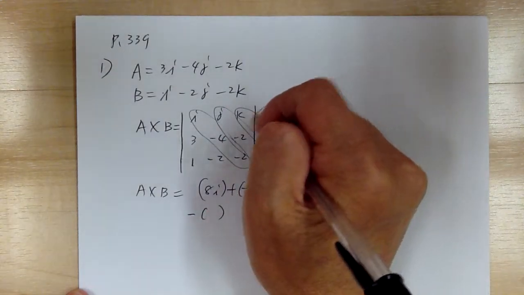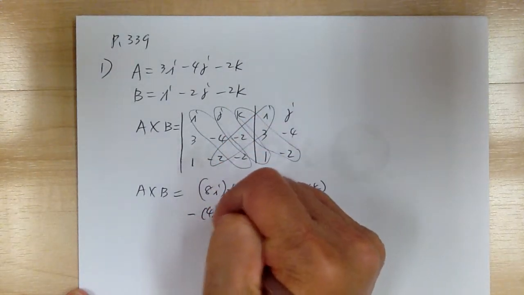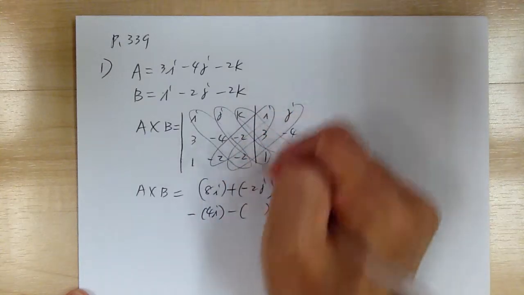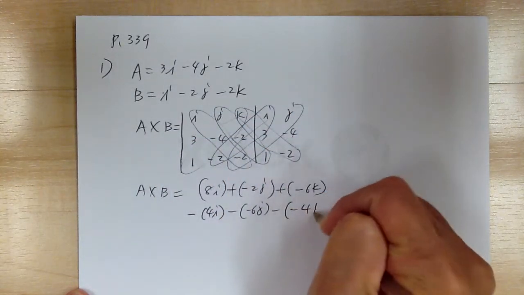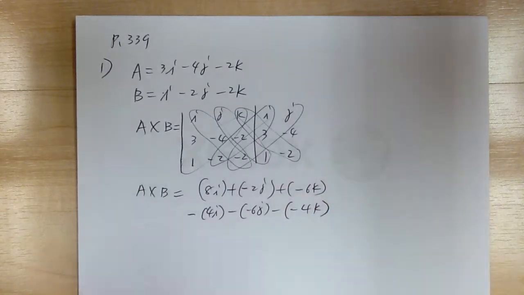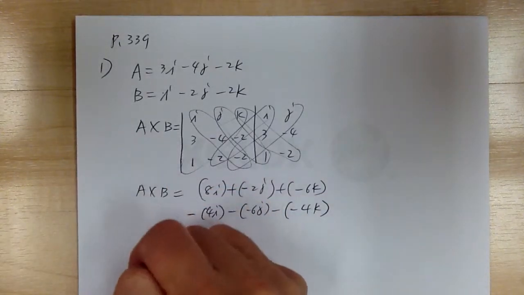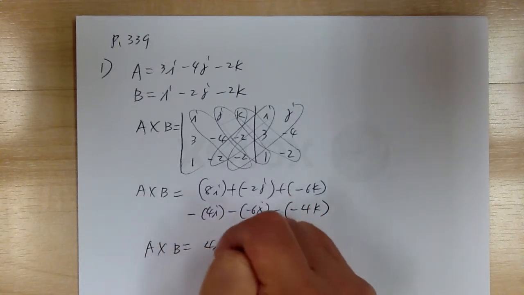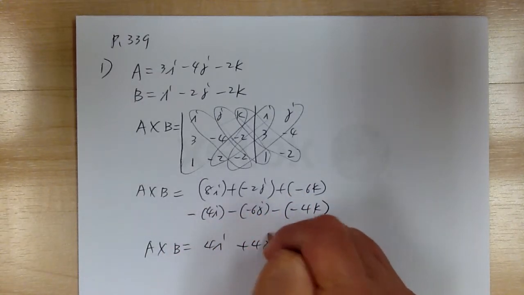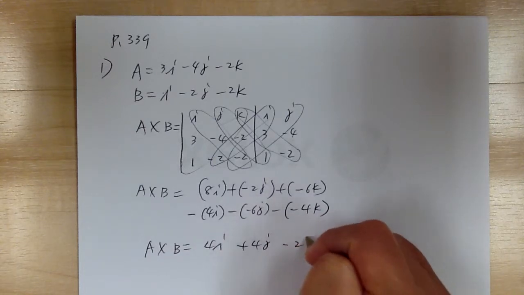So it would be minus the 4i minus negative 6j minus negative 4k. And then you just add it together. So A cross B equal to 4i plus 4j minus 2k.